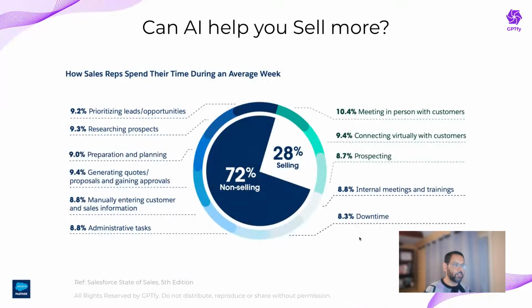So with that, let's jump into what is the problem today. The problem today is very eloquently articulated by Salesforce. Your sales reps are spending a lot of time doing everything else but selling, and the unfortunate part is because they do have to do things like pipeline review meetings with their bosses.